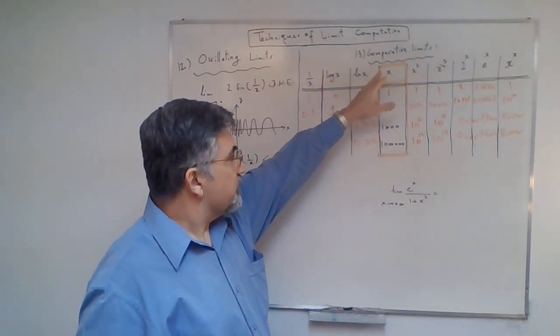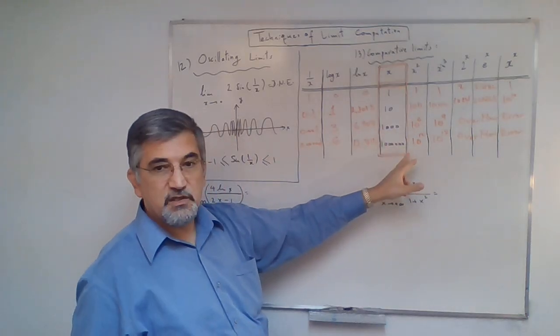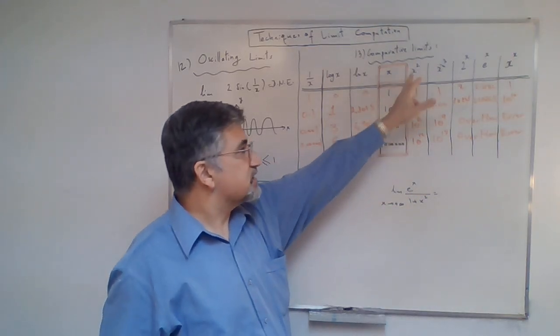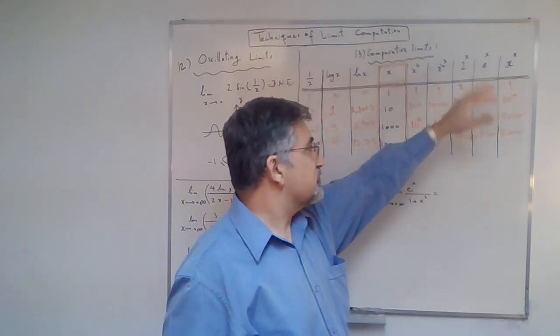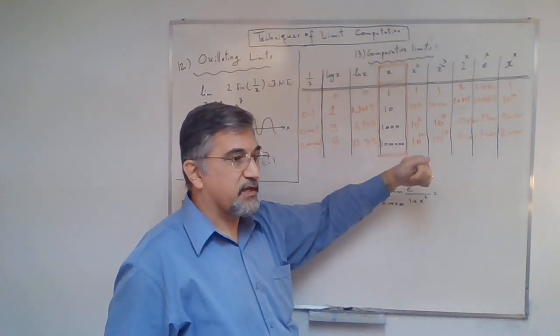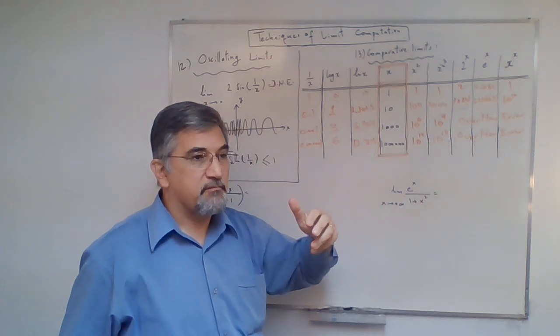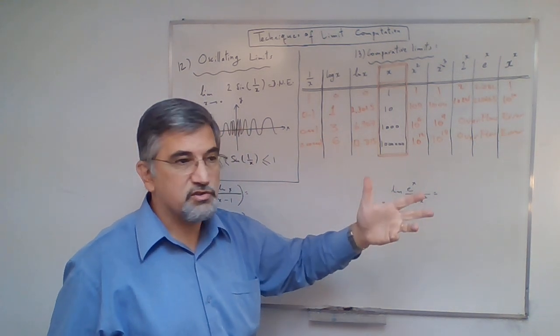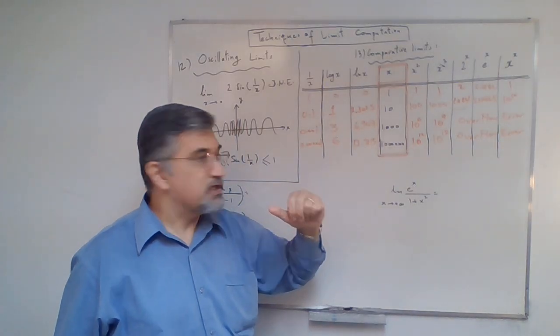So here, if x increases, we see that x squared increases much faster, and x cubed increases even faster, and the exponential functions and those other functions are increasing extremely fast, and they become so large that you can't even show it on the screen of a calculator.